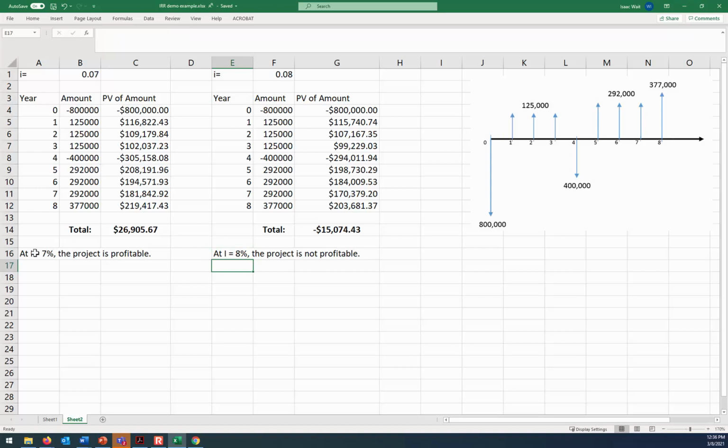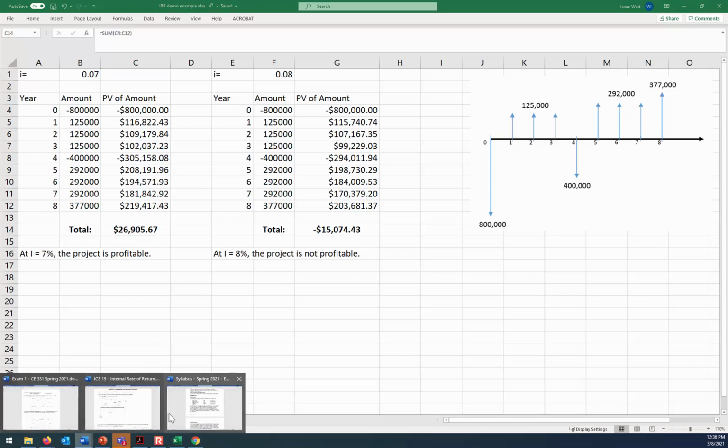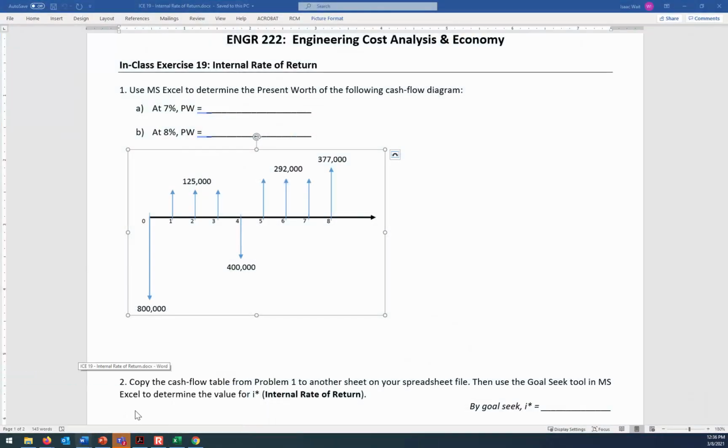So the internal rate of return is the interest rate that's going to be giving us a sum of the present worth equal to 0. And that's what it asks on the second part of this.